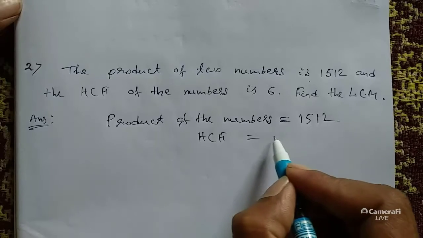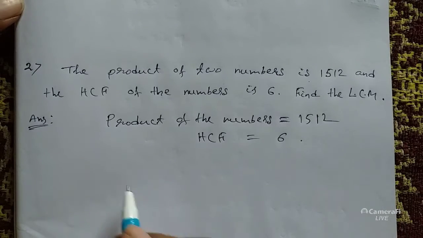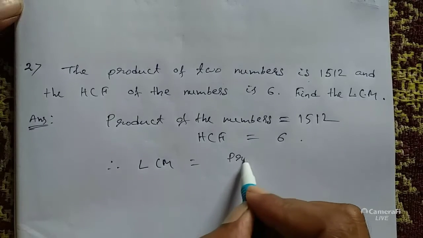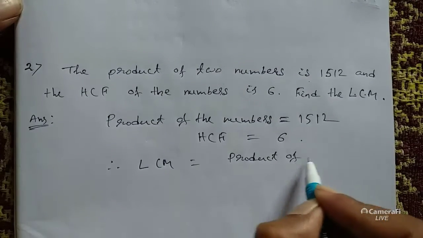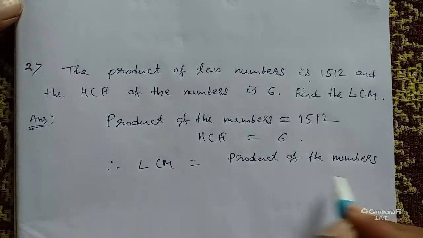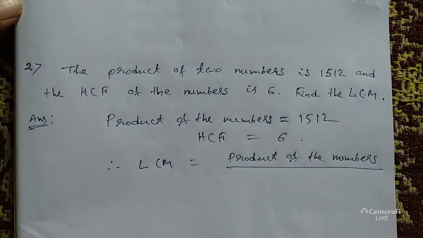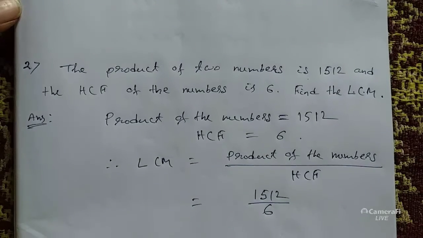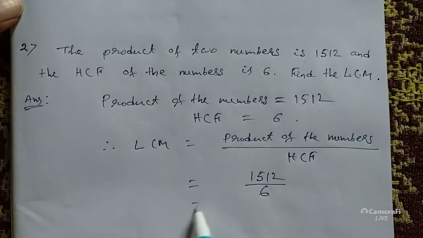HCF equal to 6. Therefore, we will use the formula for LCM: product of the numbers divided by their HCF. So that means 1512 by 6. Let us simplify it.